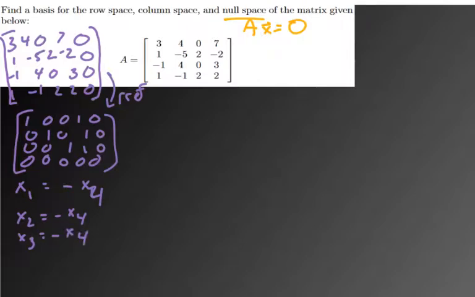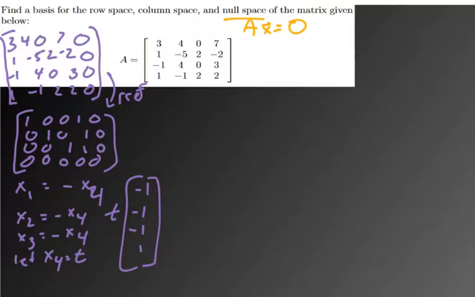So basically, if you just let x4 equal t, then we're going to have a general vector of the form t times -1, -1, -1, 1.